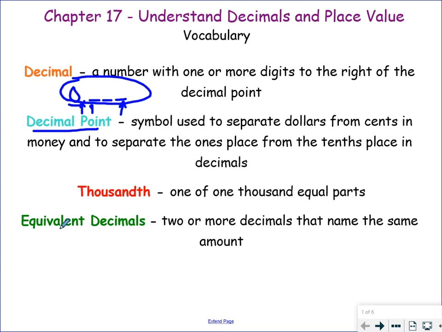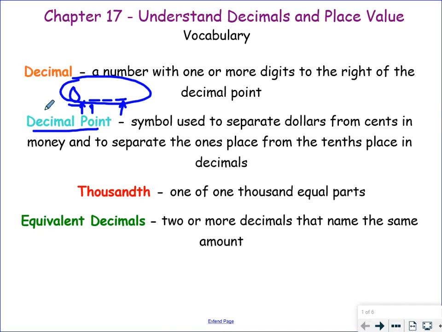Equivalent decimals, very similar to equivalent fractions, are 2 or more decimals that name the same amount. One thing we're going to be working on today is finding equivalent decimals to fractions. Decimals are fractions, right? Because decimals are part of a whole. They're not a full one.